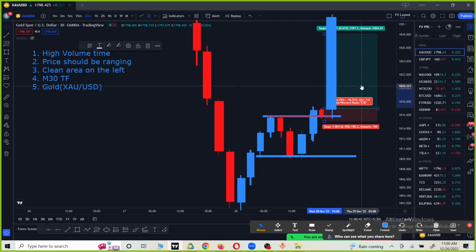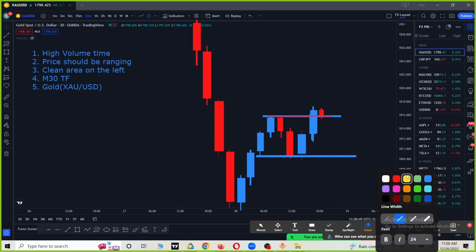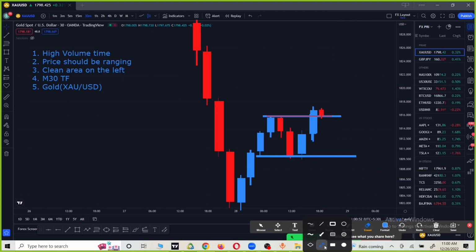Now the same is true on the downside as well. If we get the same scenario on the downside, like we get a candle close below the support, what we do is wait for the next candle to open, make a top wick, and retest this area. Once we start breaking the low of the previous candle, we enter the trade.